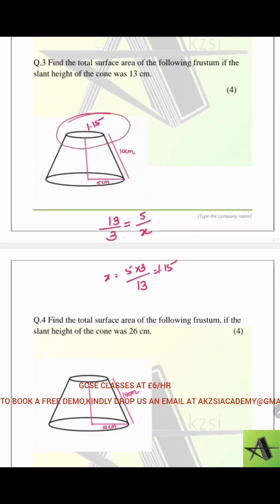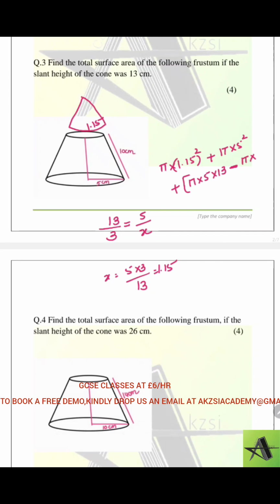So calculating the area of the top one first, which is pi r squared, which is pi times 1.15 whole squared, plus the bottom one is pi times 5 squared, plus we have to calculate the curved part of the bigger cone, which is pi r l, that is pi, r is 5 and l is 13, minus we have to calculate the curved part of the smaller cone, which is pi. Radius we have calculated as 1.15 times L, which is 3.